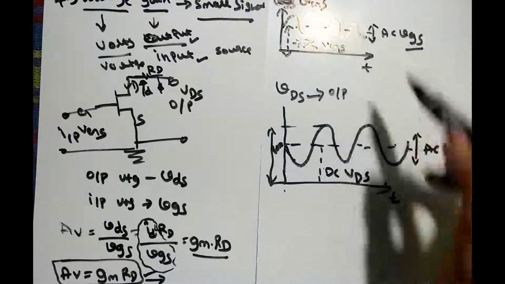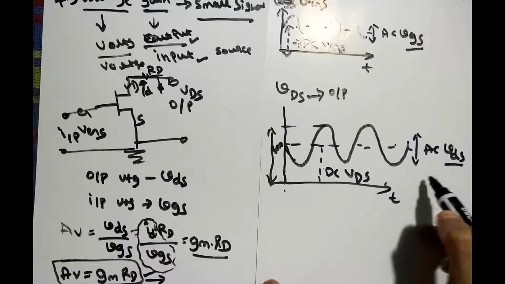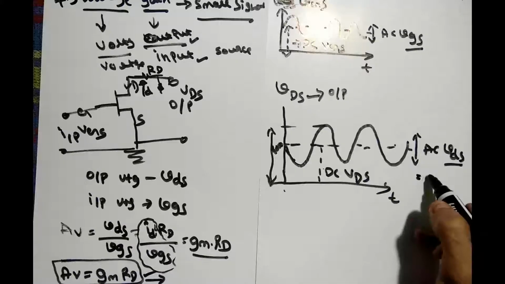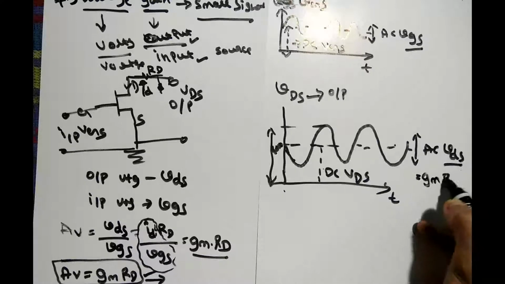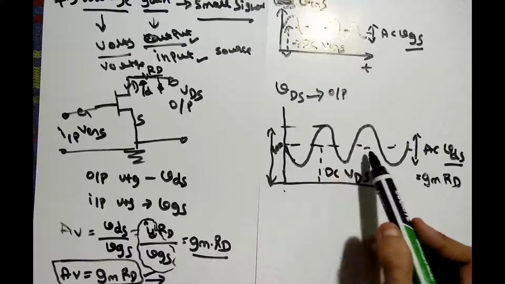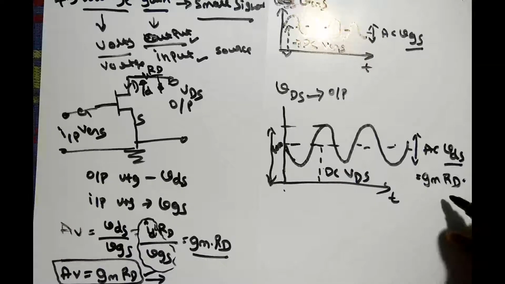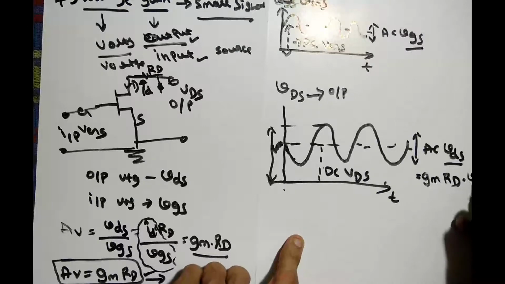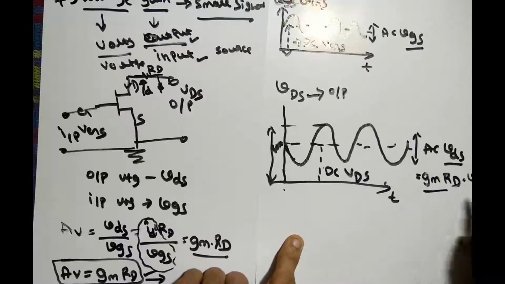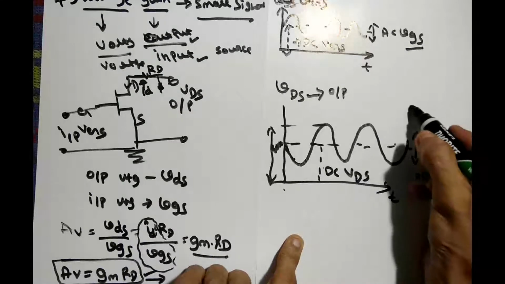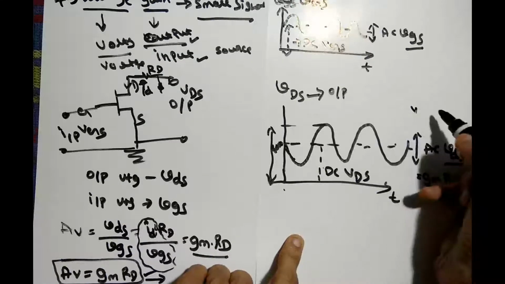So output we can write as our equation. We know the equation: it is nothing but gm into RD. So it is affected by the input voltage multiplied with gm into RD. So we can write gm into RD into vgs. So the input is multiplied with the gain, and that is nothing but the output. We know that gain is equal to V0 by Vi.